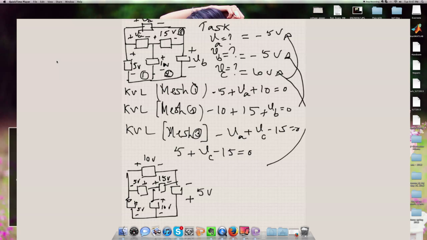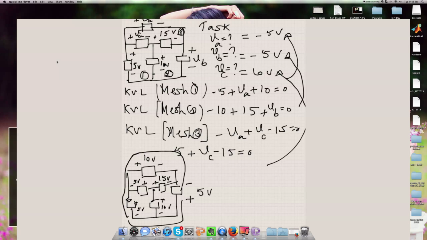So now if we go through all the meshes, we can see whether they make sense or not. For example, let's go around mesh number 1, and then we'll go up here, it's up to us, and then we might go maybe here all the way, or any which place, as long as we have a closed path, it should balance.